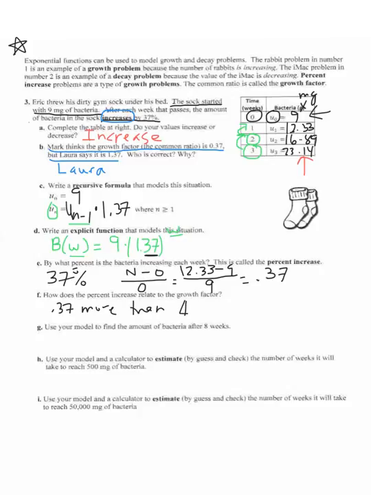Sorry for the sloppy handwriting here. I'm going to work on getting a new pen. So it's 0.37 more than 1, or we could say it's 1 plus 0.37.